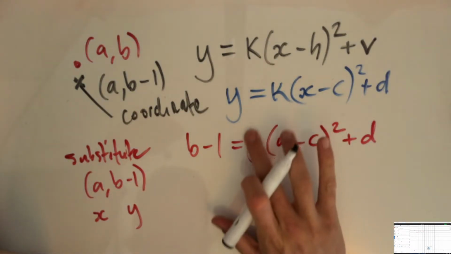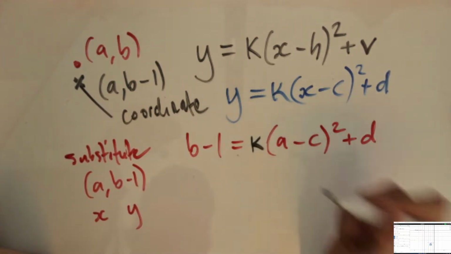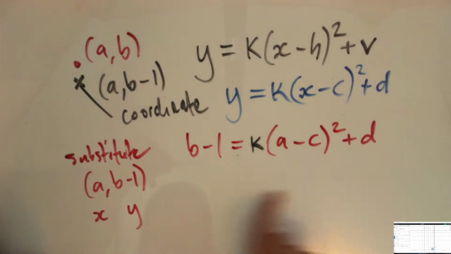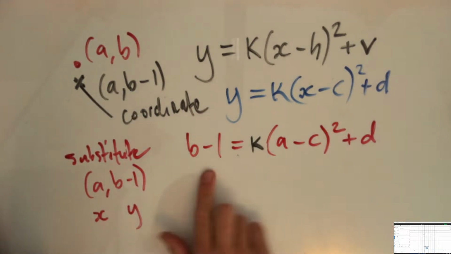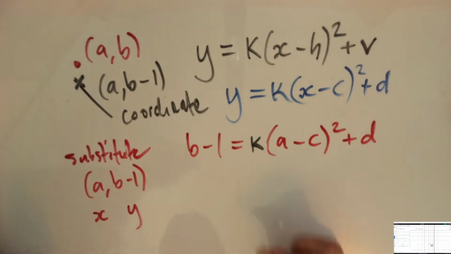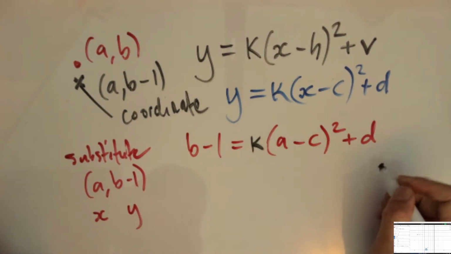So I might even do K in black, just so I know what I want at the end of it. So I'm pretty much just moving this stuff all to the left hand side, and then I will have a value for K, and it's going to be messy and it's going to be filled with a lot of letters.